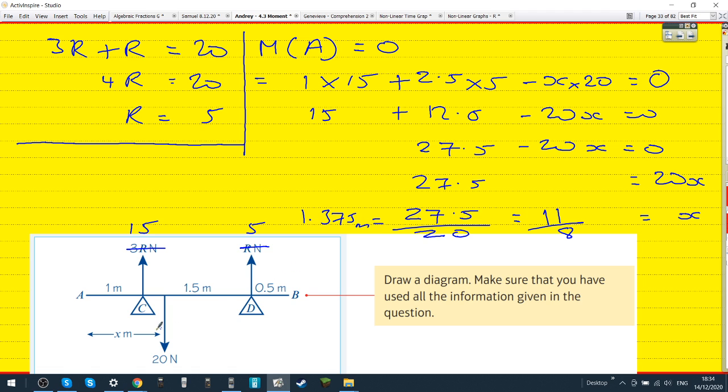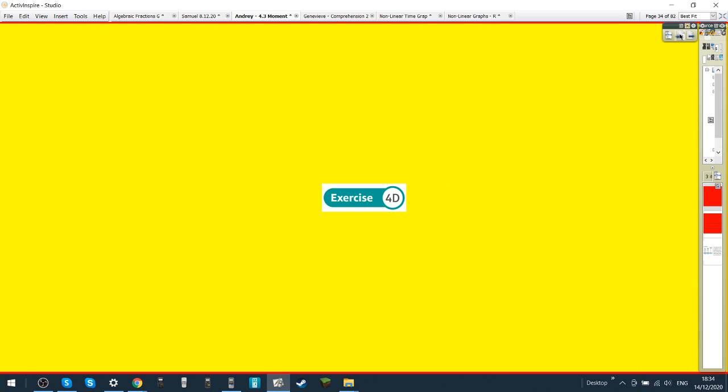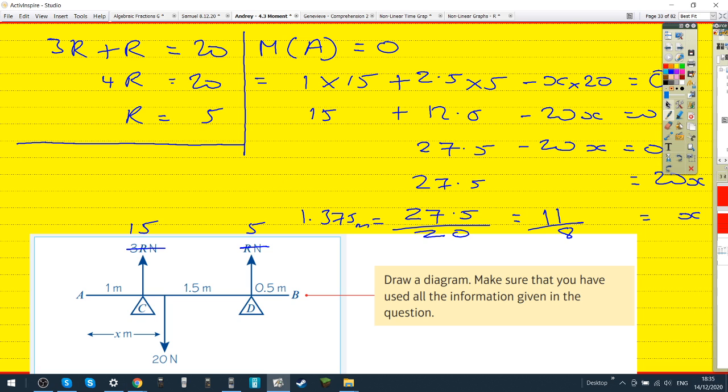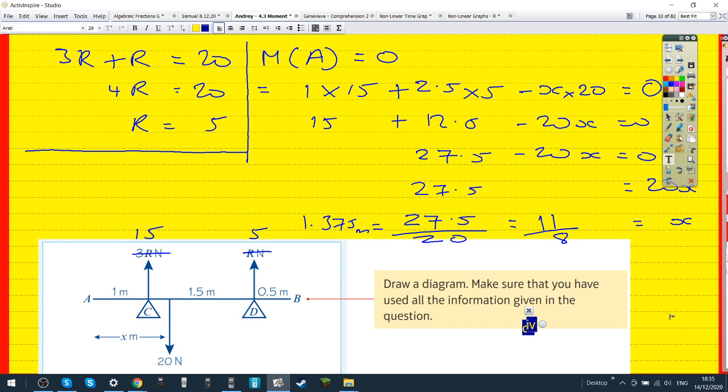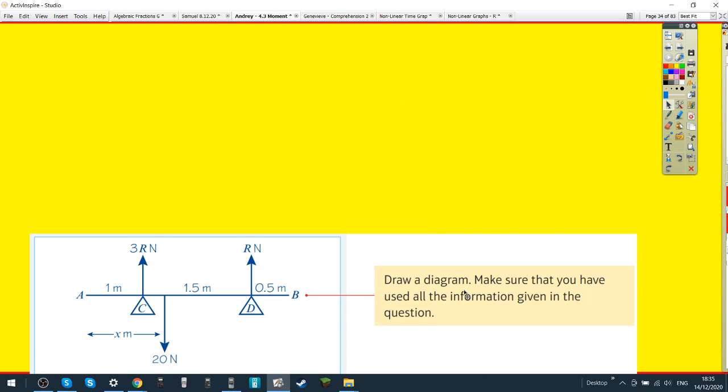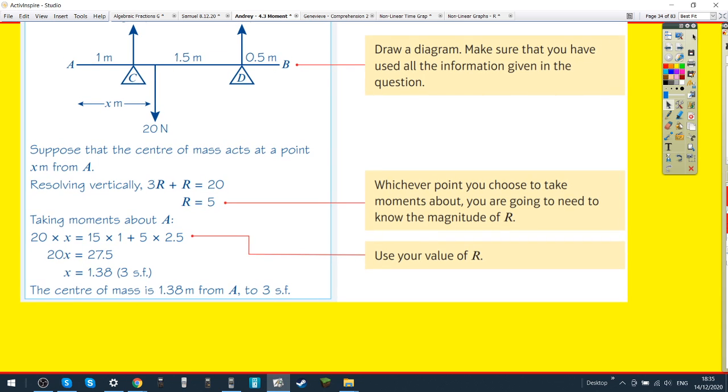Okay, so this 20 force has to be 1.375 meters away from A. Oh, I do have the answer. So yeah, they rounded it to 1.38.